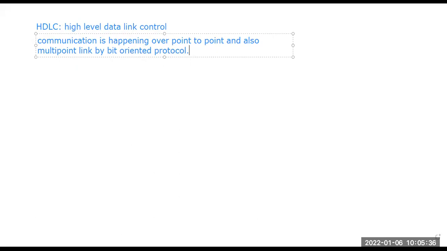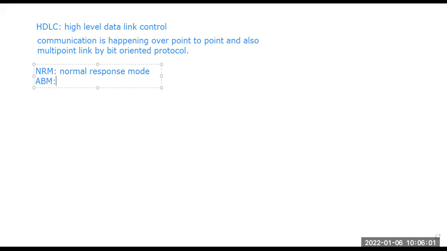One is called NRM, normal response mode. The second one is known as ABM, asynchronous balanced mode.